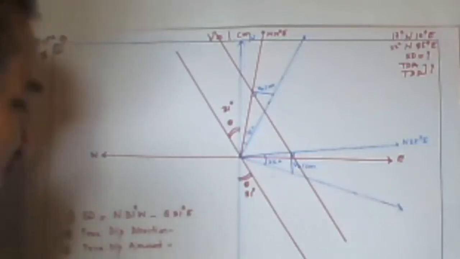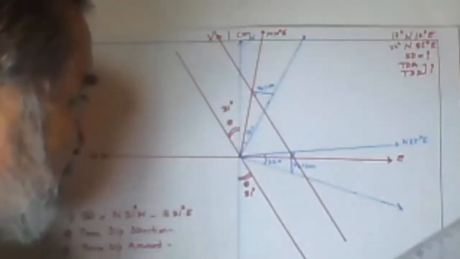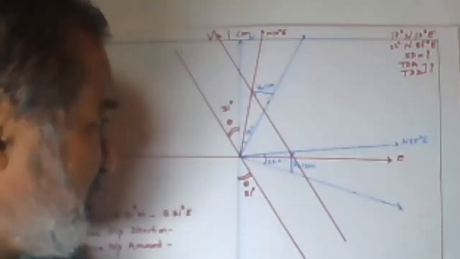The next one, the dip direction you have to find out. Dip direction and dip amount. So what we have to make out? Now you have to take the perpendicular to the strike.